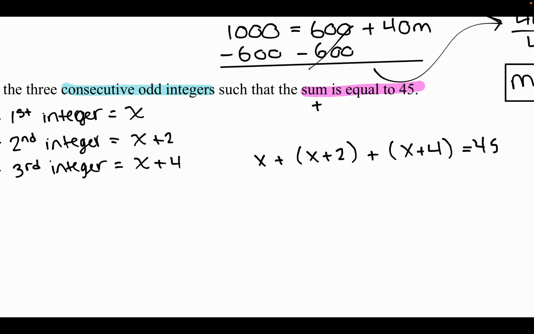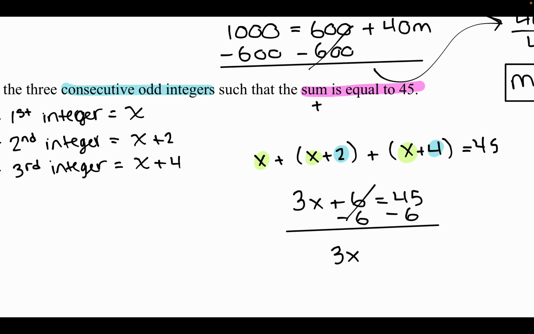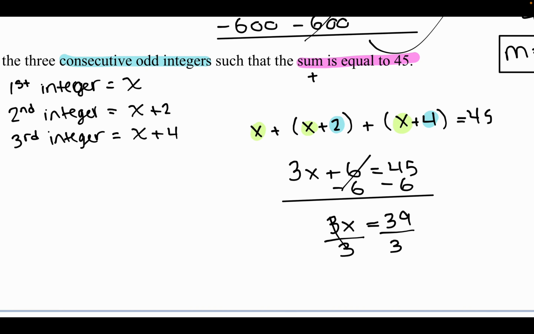When you combine like terms, you would add all of your x's and all of your whole numbers, and that leaves you with 3x plus 6 equals 45. Subtract 6 from both sides. You get 3x equals 39, and then divide by 3. And x is equal to 13.